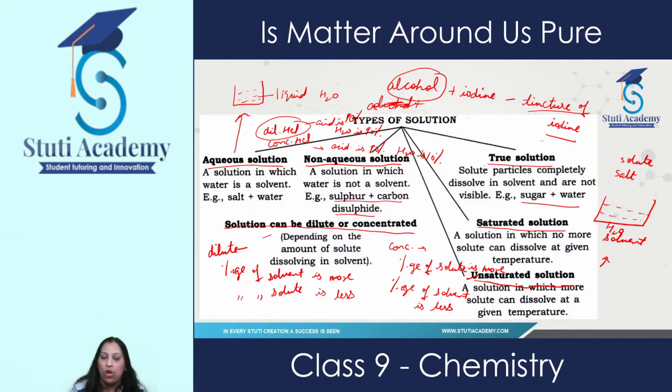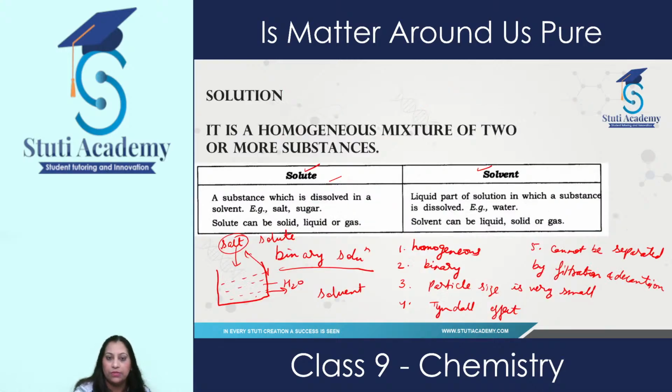I've just discussed all types of solutions with you, and if you have any doubt, you can ask. I hope till here it is clear. So these are the types of solutions which I have discussed with you, and these are the characteristics of a solution.